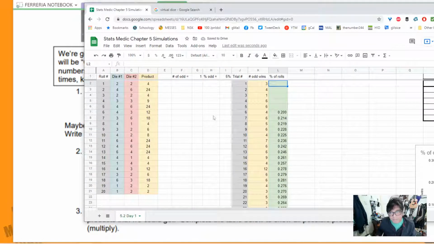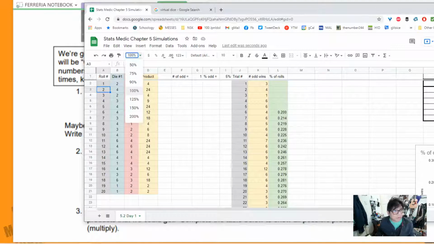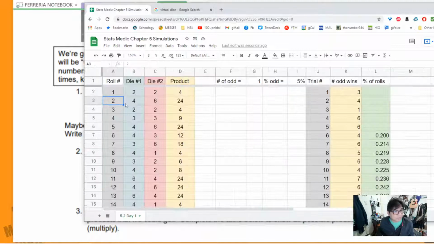As you might suspect, I kind of tried to automate this. So here on the left side, we have a bunch of dice rolls. Let's see if we can zoom in here. There we go. Over here on the left side, roll number 1, dice 1 got a 2, dice 2 got a 6, and when we multiply them, we get a 12.